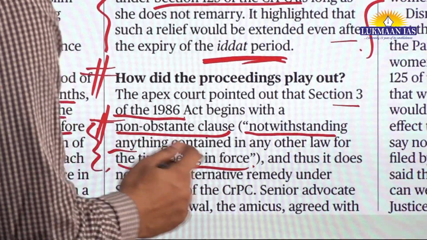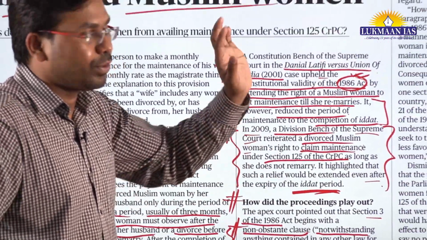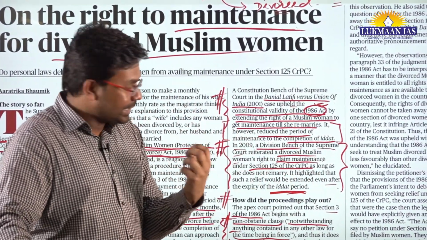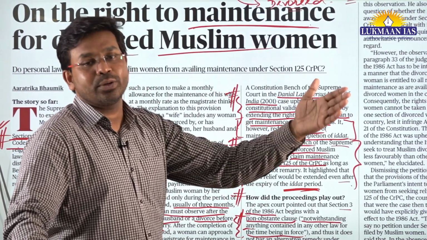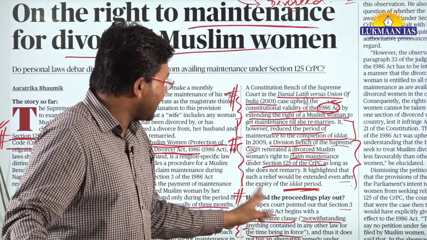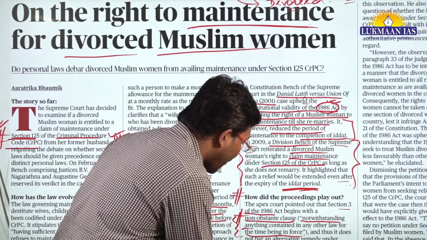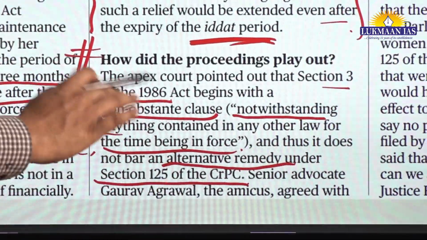It means that although other acts may be related to the same topic, for example maintenance of women, this act will still be there. This act will not make other acts unconstitutional. So it starts with a non-obstante clause, and thus it does not bar an alternative remedy under section 125 of the CrPC.